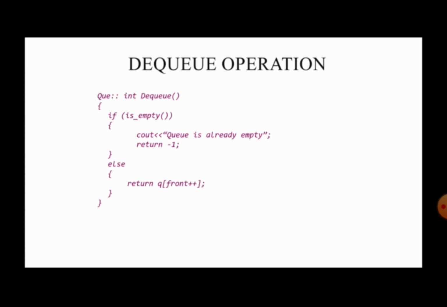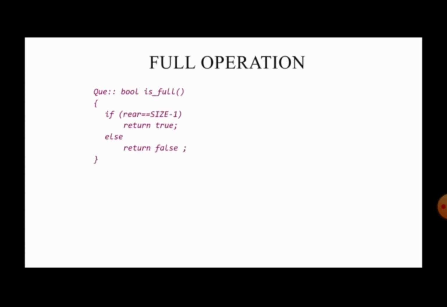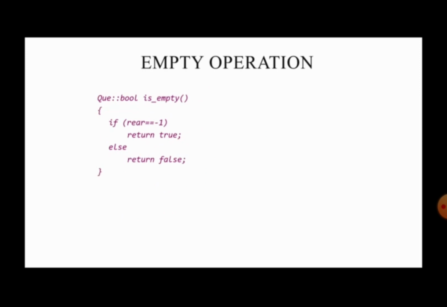So first of all, we will write the method isEmpty to check whether there is any element in the queue or the queue is empty. The isEmpty method, when we defined it in the previous slide, returns a boolean type value.